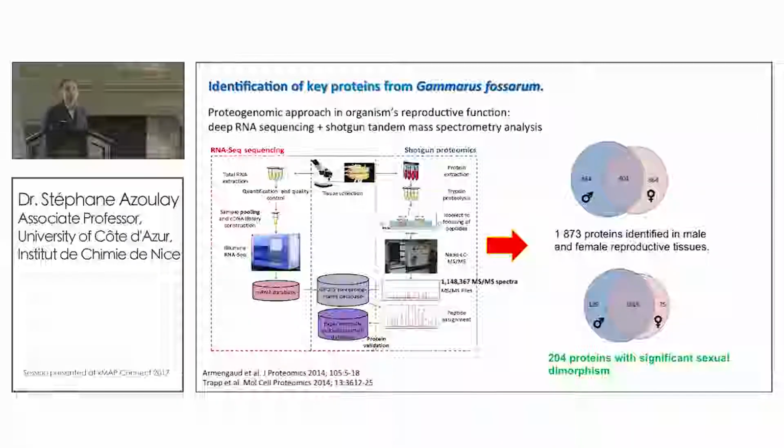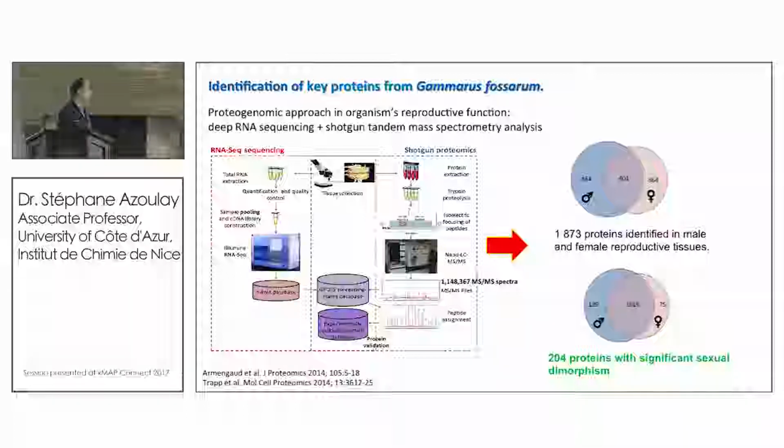The first step was to identify the key proteins in Gammarus fossarum, and for that we used a quite recent approach, the proteogenomic approach, to identify key proteins in the organs of reproductive function. This approach is a parallel combination of deep RNA sequencing, where you try to identify protein-encoding genes, and a large shotgun tandem mass spectrometry analysis to see if the proteins you identify are present through their proteolytic peptides.